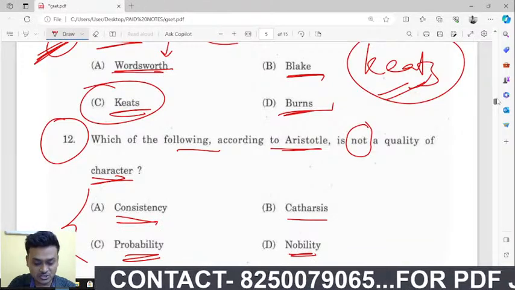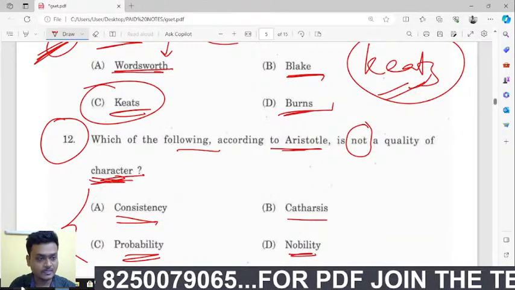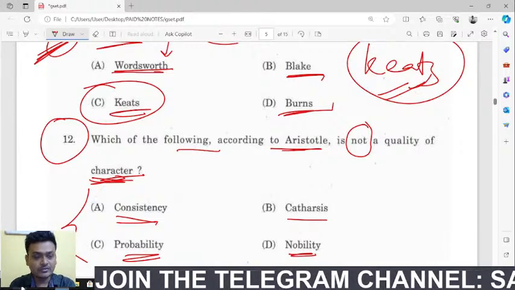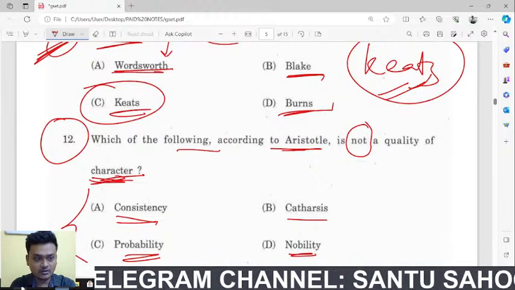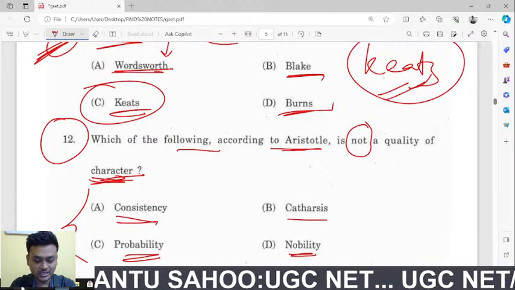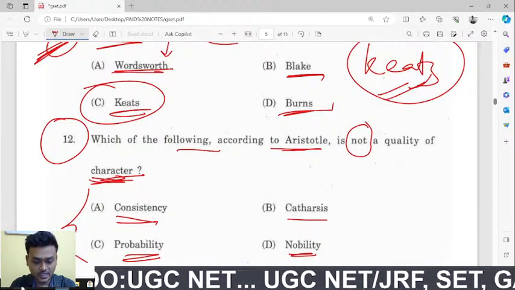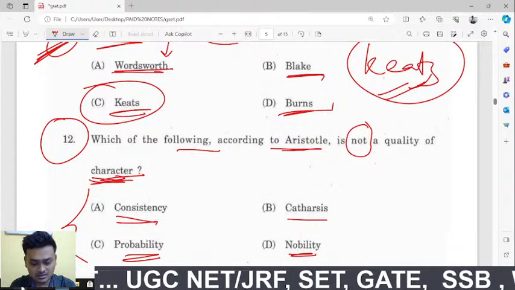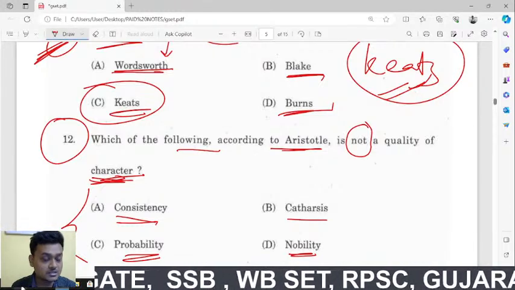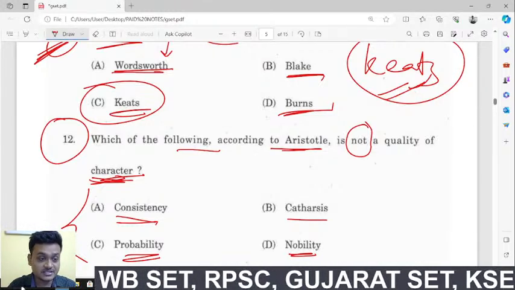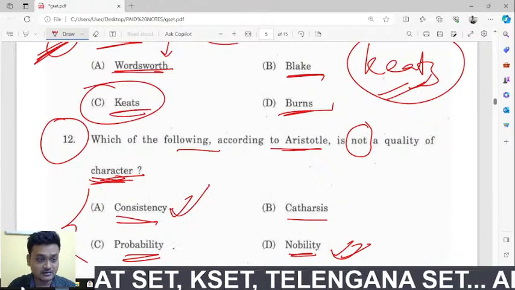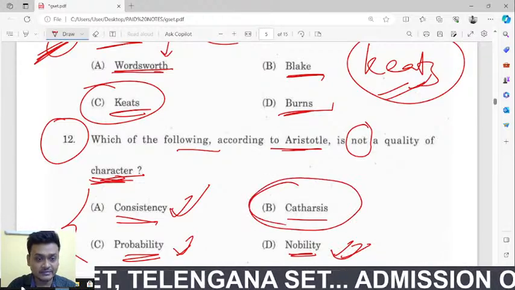What Aristotle is talking about is character. If you have read that note that I sent in my Telegram channel, where have you answered? Are you answering this question number 12 here? Look, consistency is there. He should be noble. Probability is also there. But catharsis is not a quality of a character.